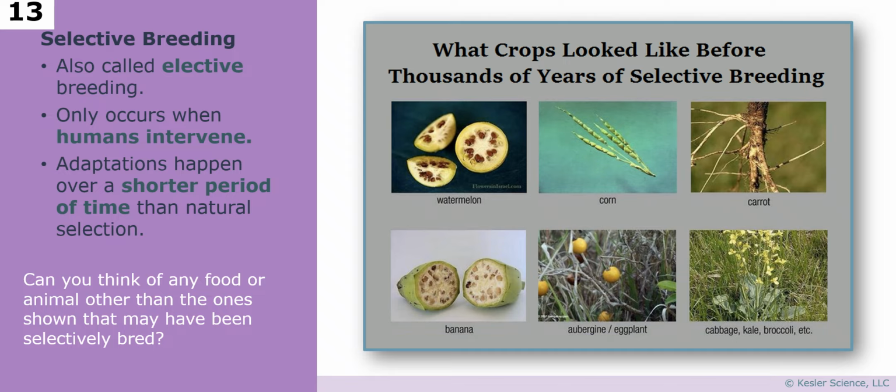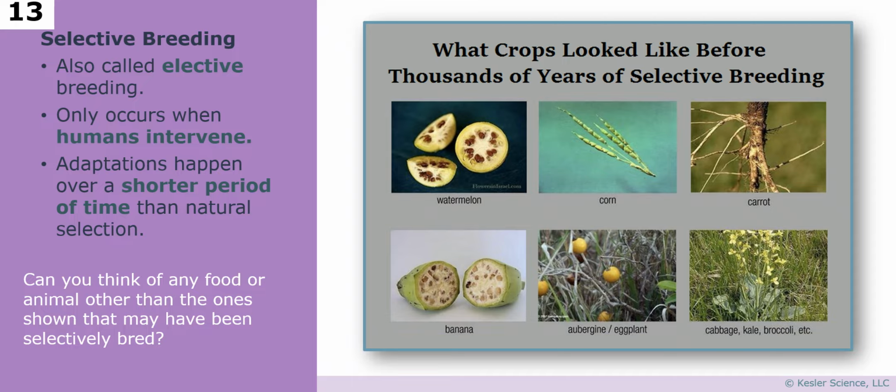And I'm sure if you stopped and thought about it, you could think of other foods and animals and plants that have been selectively bred. Think about the dog breeds, the cat breeds. Cows have even been bred selectively. Cows, goats, sheep have been bred so that there are certain breeds that are really good for producing meat and certain breeds that are really good for producing milk.